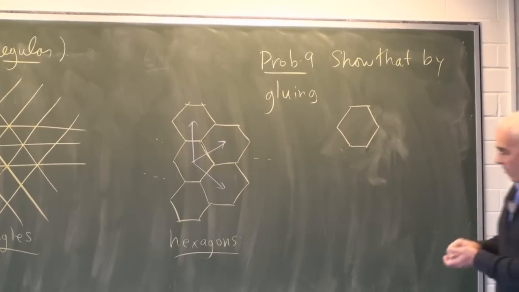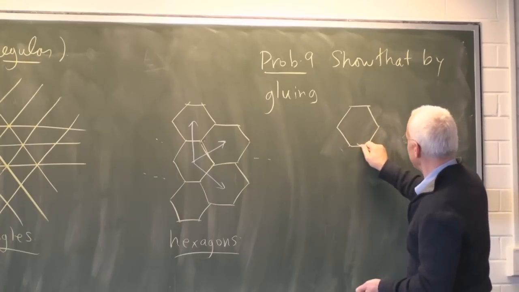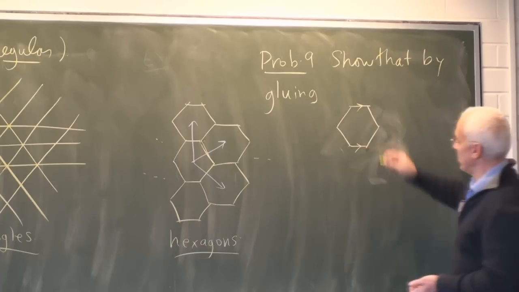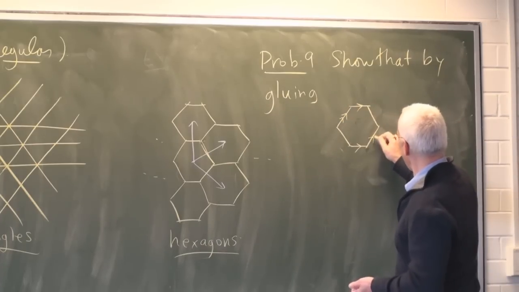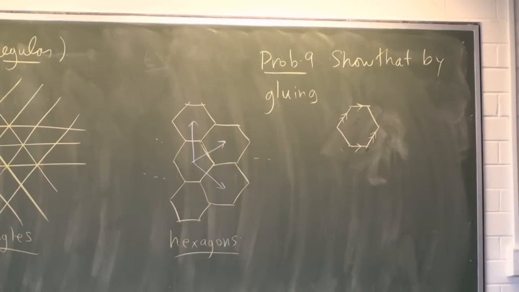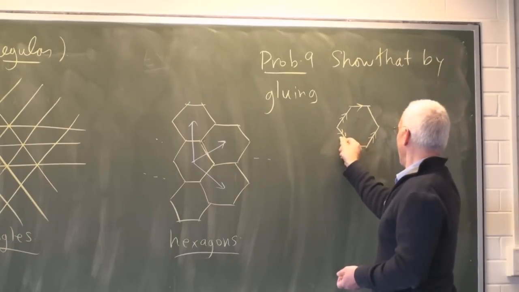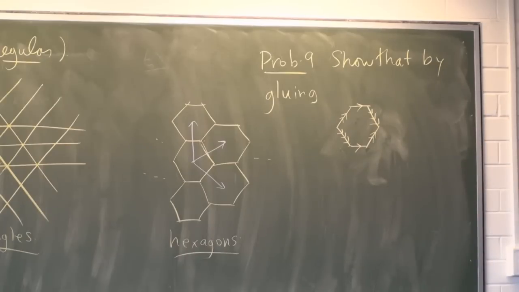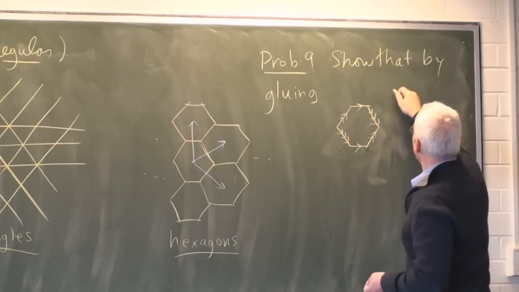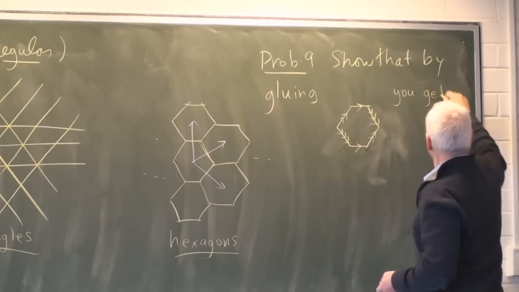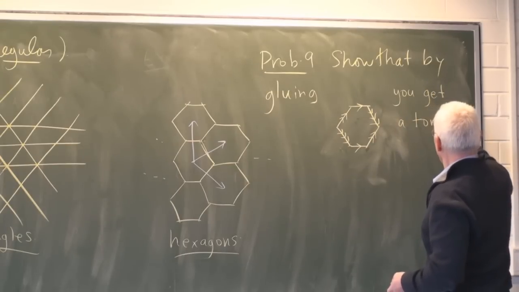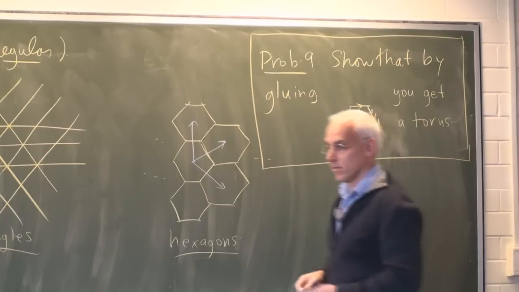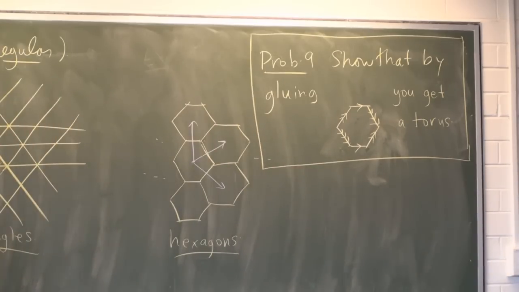Gluing this hexagon in the following way, we could glue that side to that side, and that side to its opposite side, and this side to this side. Show that by gluing this, you get a torus. You can actually make a model if you like.